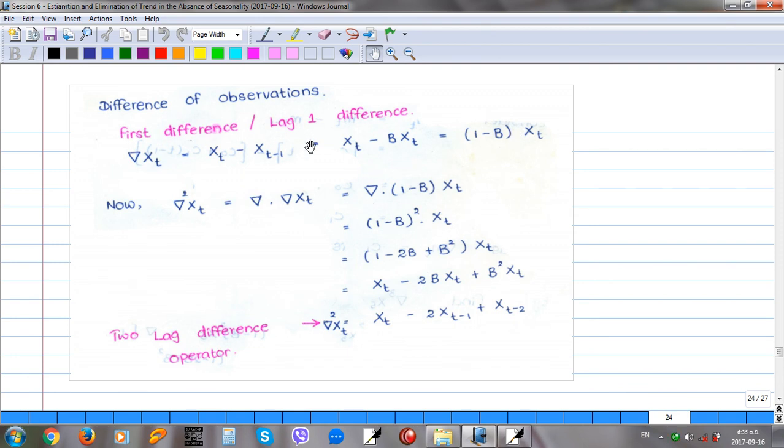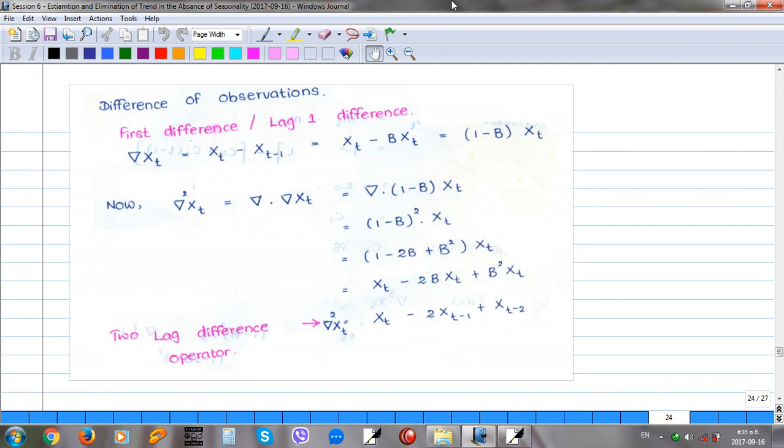So we found this part equals 1 minus B times xt. Then next this difference here again you can write this way, 1 minus B times xt. So 1 minus B times the difference of xt, that is 1 minus B times xt. It means 1 minus B squared times xt, right?